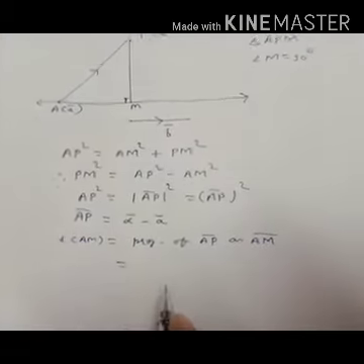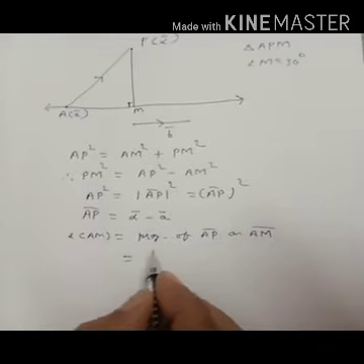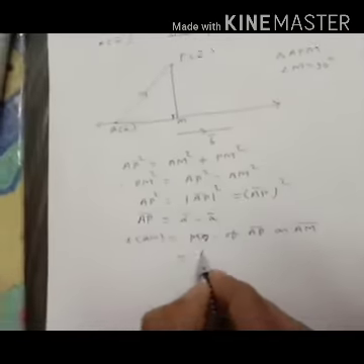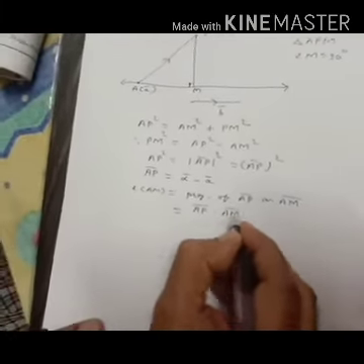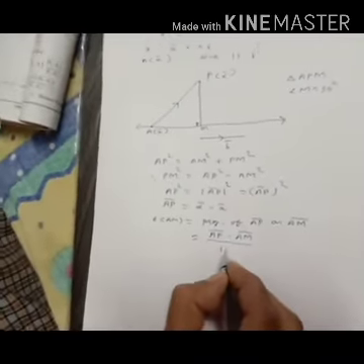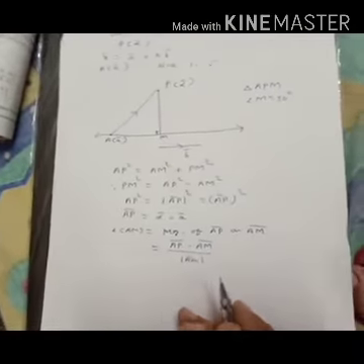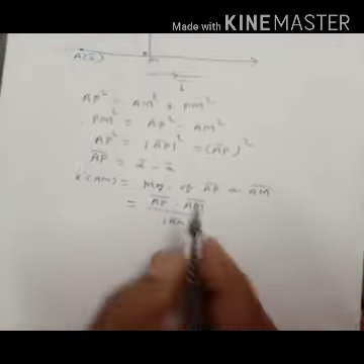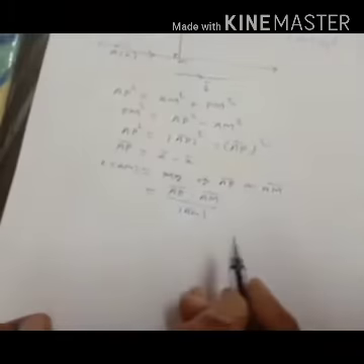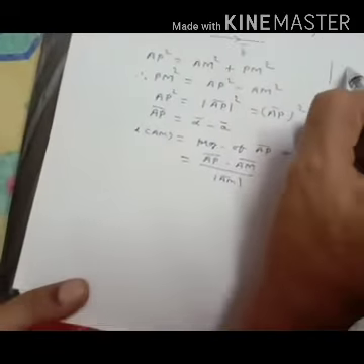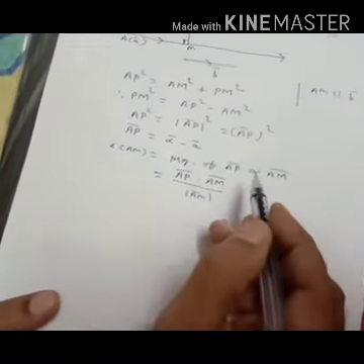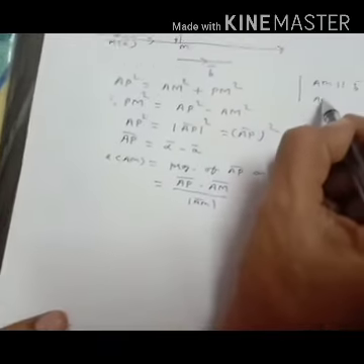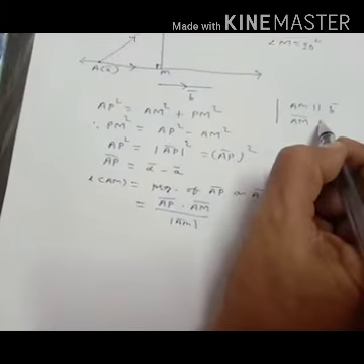And the projection of AP bar on AM bar is given by their dot product, AP bar dot AM bar, divided by the magnitude of AM bar. Now we can observe that the line is parallel to B bar, AM is parallel to B bar, means AM bar is parallel to B bar.